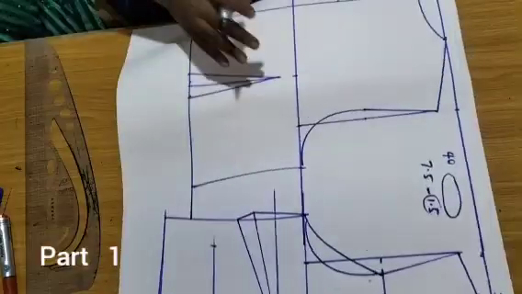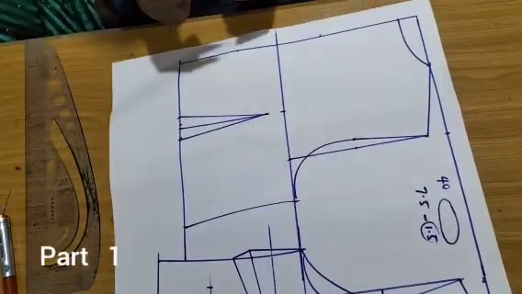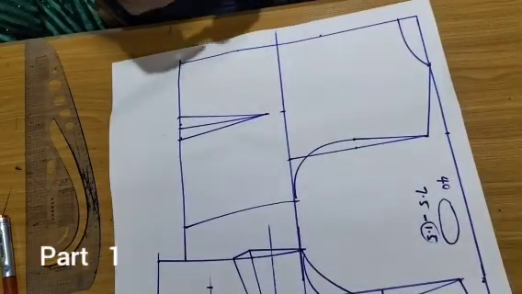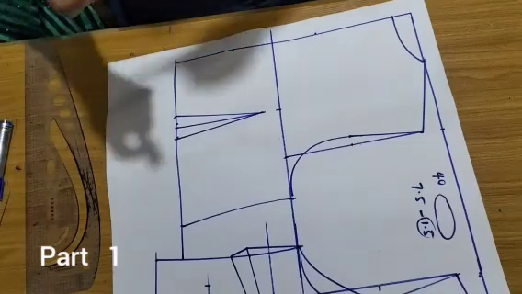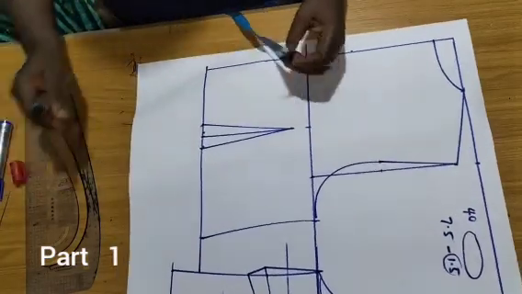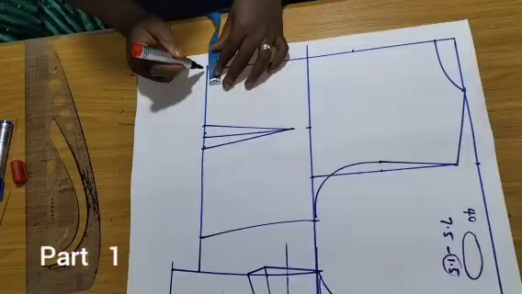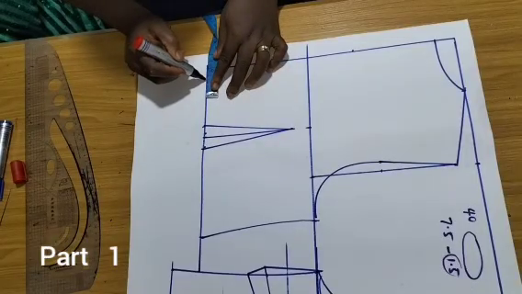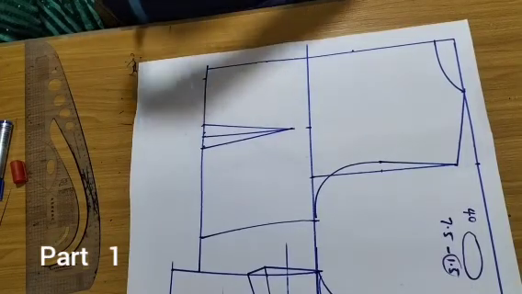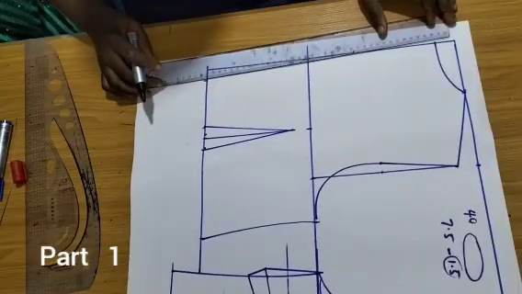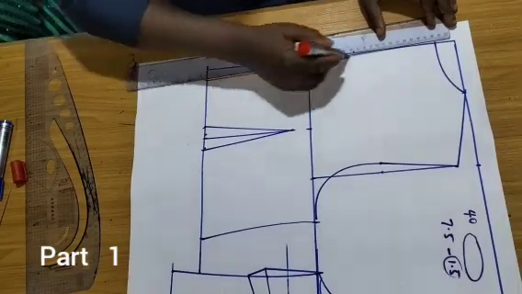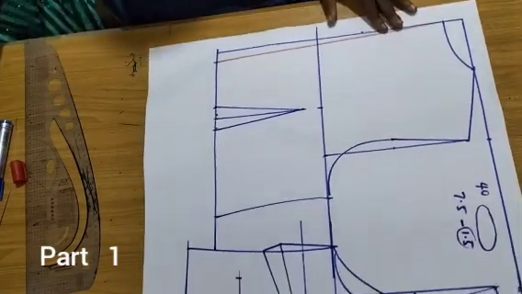But before I do that, I'll go over here to explain to you what I was talking about on the off shoulder. So now I'm going to contour my back line first. I'll contour my back line by 0.75. I'll mark my 0.75 and I'll connect what I have here down to that point.